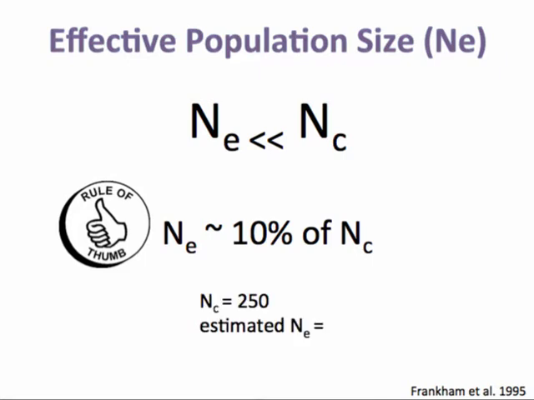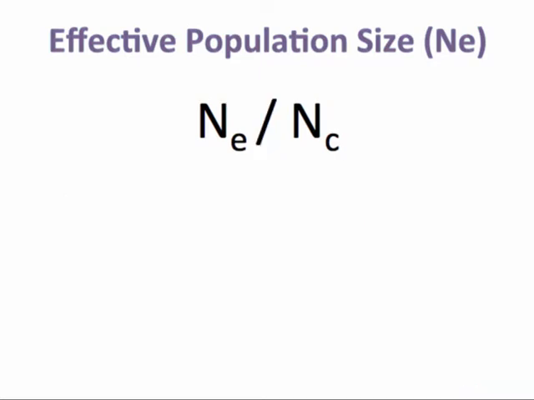For example, if we have a census size of 250, then the estimated effective population size would be what? It would be 25. And so the implication of this is that the long-term effective population sizes are only about 1/10 of the actual size of the populations. This is also important. This is the Ne to Nc ratio.